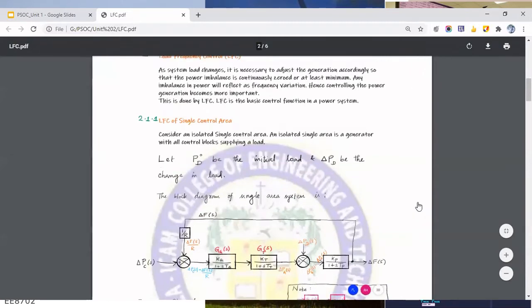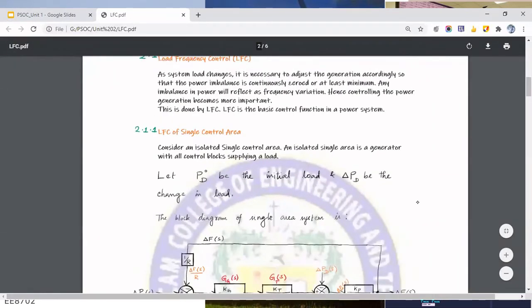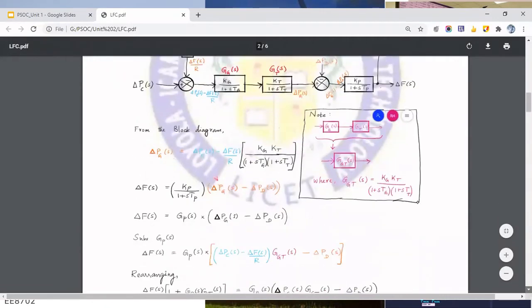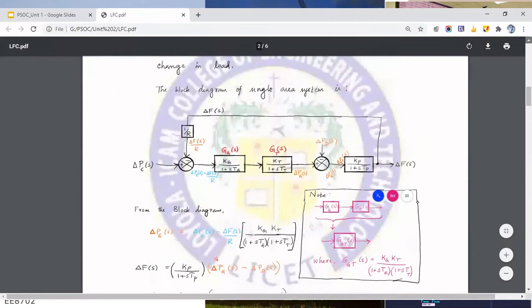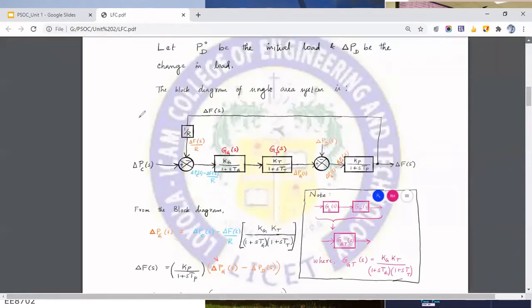So as we could see here, we have first the speed controller or the speed changer input, and that along with the speed governor. So depending on the input of speed changer and the speed governor, so this is speed changer.